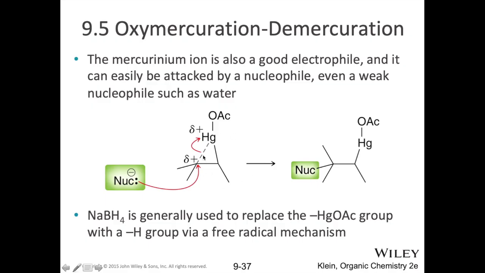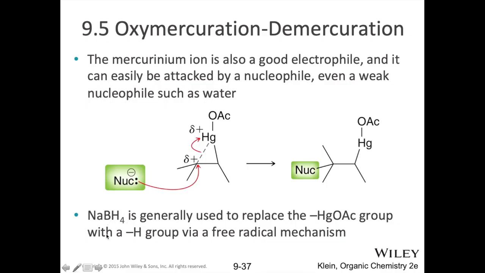Okay. So anyway, this is a great electrophile. So even a weak nucleophile like water is going to attack this. Okay, and that's what happens, right? You add a water molecule, which you can then deprotonate to make your alcohol group. Okay, and then in your demercuration step, you want to get rid of that mercury acetate, which we can do with a reducing agent like sodium borohydride.